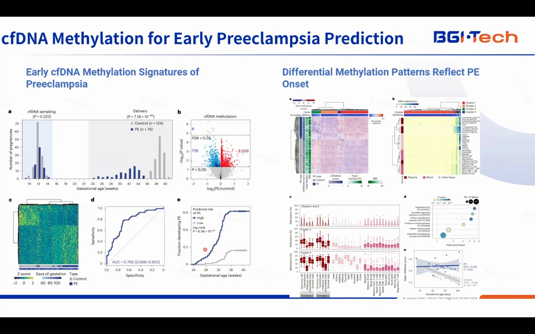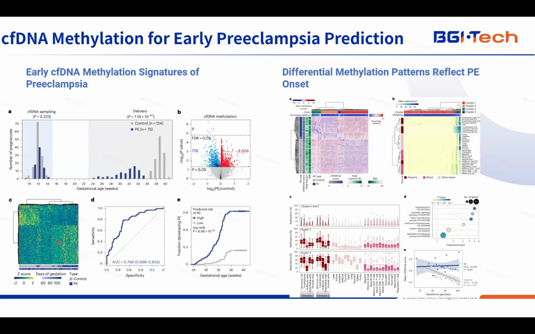After identifying differential cfDNA methylation between patients with PE and healthy controls at diagnosis, the researchers asked whether this methylation change could be detected before clinical symptoms appeared. They then evaluated whether these methylation signatures could predict the future onset of PE.